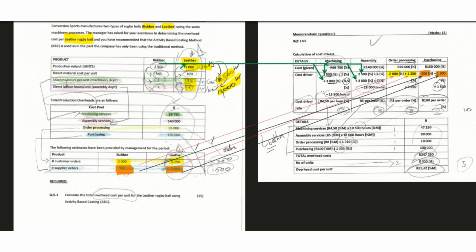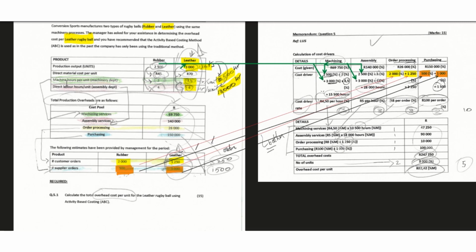That makes perfect sense. But there is a cost pool that is provided to you because you are dealing with ABC. You have the machine services, which will be related to the machine hours per unit, and the assembly services, which will be related to the assembly department and specifically to the direct labor hours per unit. But you have also two others that are added: order processing and purchasing.